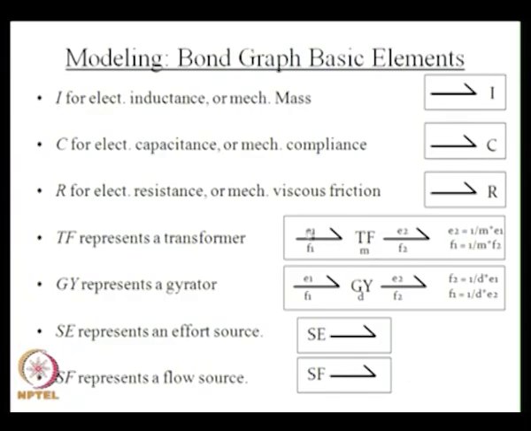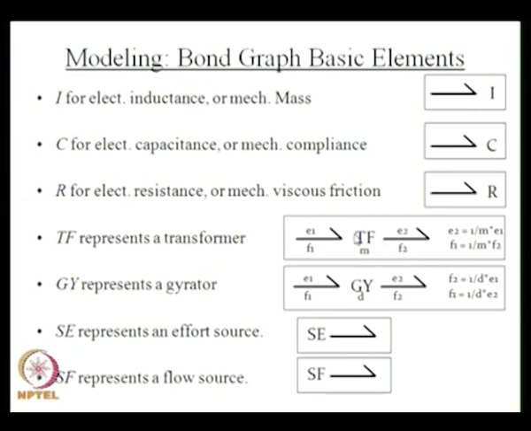The relationship between E1 and E2 is given here: E2 is equal to 1 over M times E1, and F1 is 1 over M times F2. So here E1 is converted to E2 and F1 is converted to F2 through a transformer.